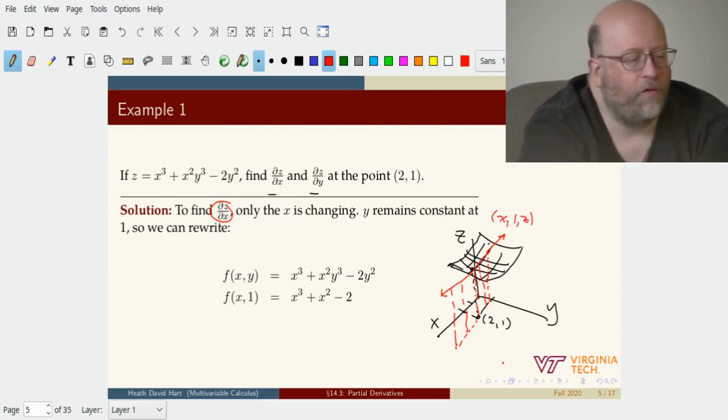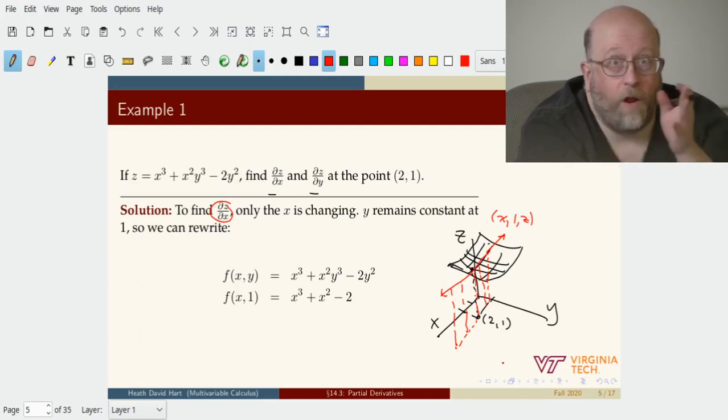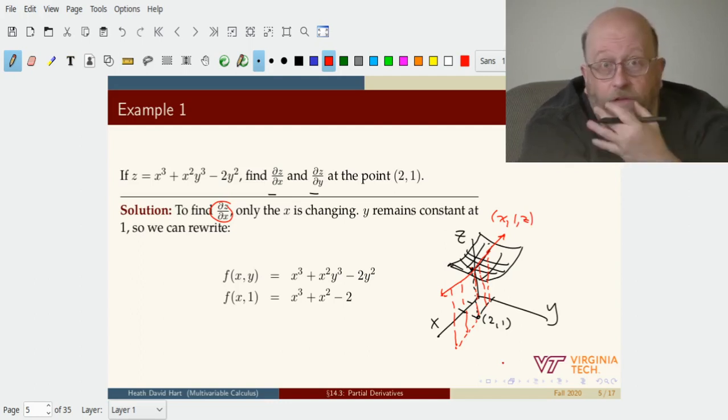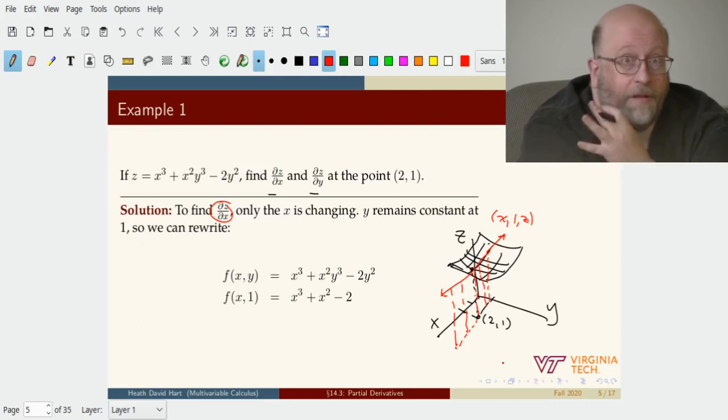So all of the points on this line have the form (x, 1, z). We don't know what x and z are because those are changing, but y stays equal to 1 all the way through this line.